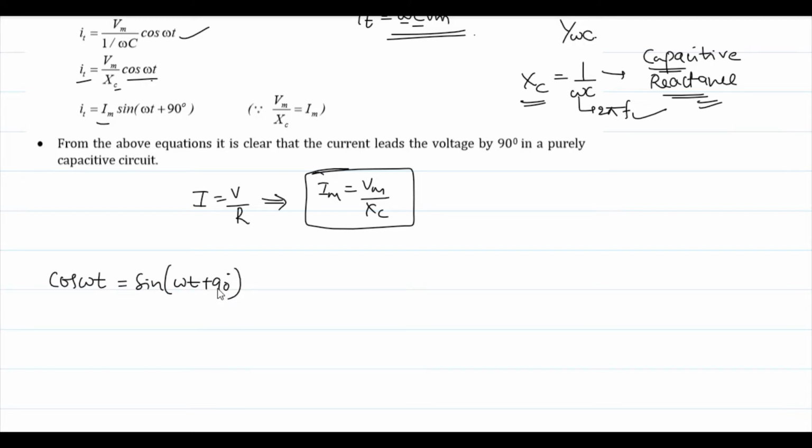If you compare both the equations of voltage and current, Vt is given by Vm sine omega t, and It is equal to Im sine of omega t plus 90.